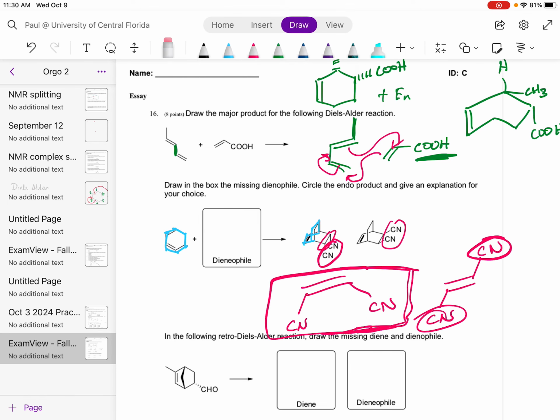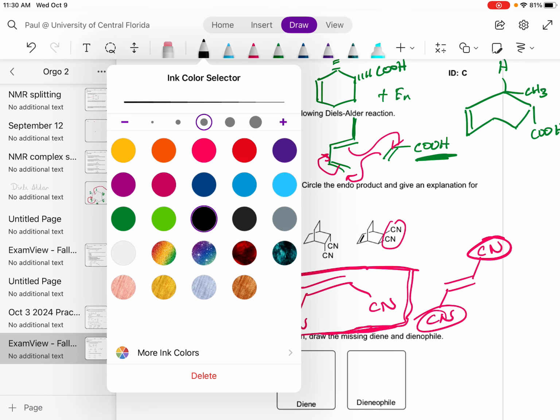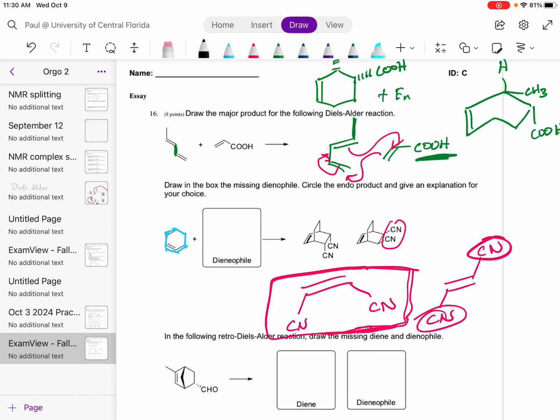Now, which is the correct product between the 2? It would be this guy right here. This is our endo product. And it's endo because we're looking at the inside groups. When we look at our diene, we have a hydrogen and then that group. A hydrogen and then that group.